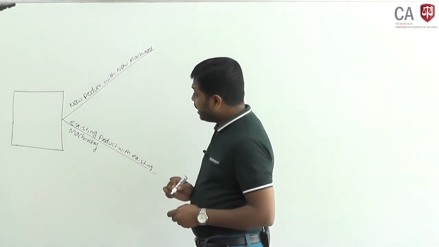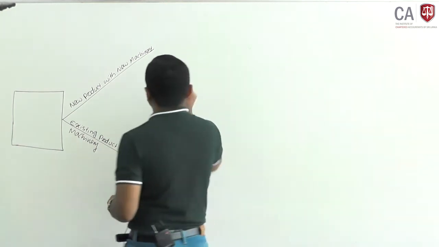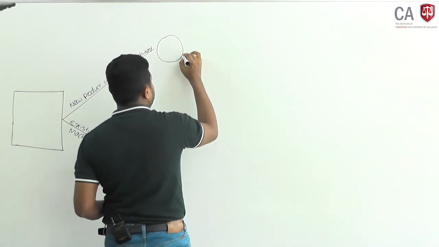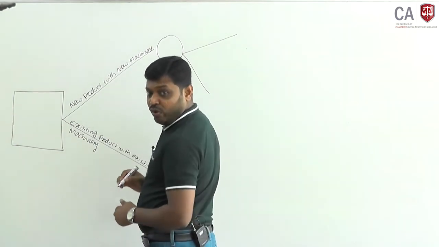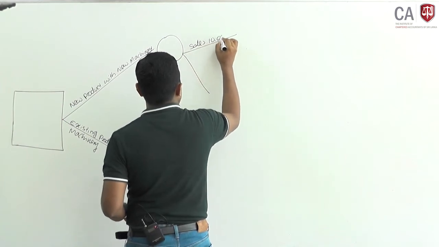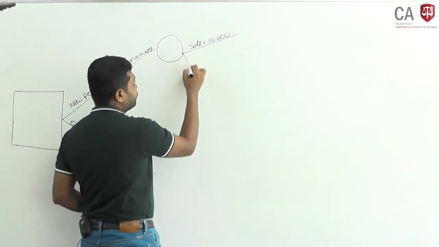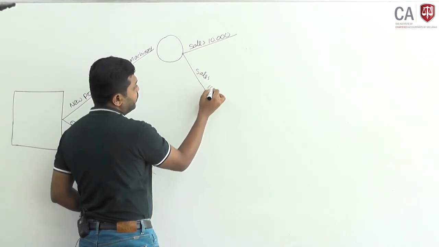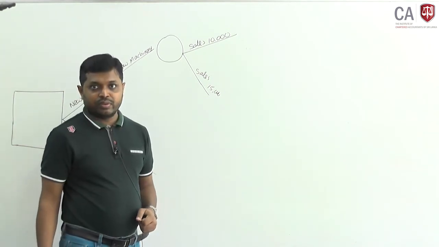If you sell the new product with new machinery, how many sales units will there be? 10,000 units or 15,000 units.